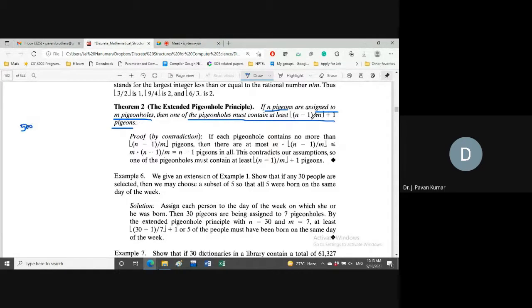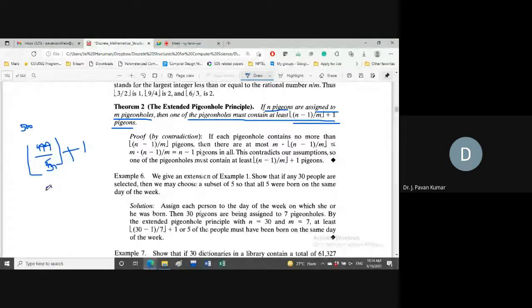Then just substitute in this one. What's the value? n minus 1 is 499. Next, m is nothing but 5. Now floor of this particular one plus 1, what's the value? 100.